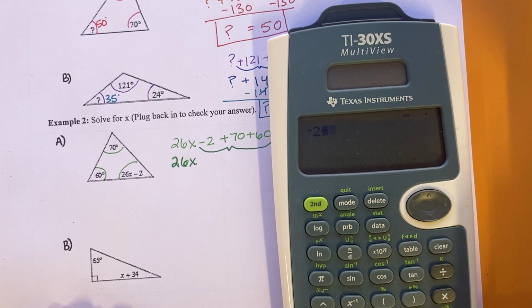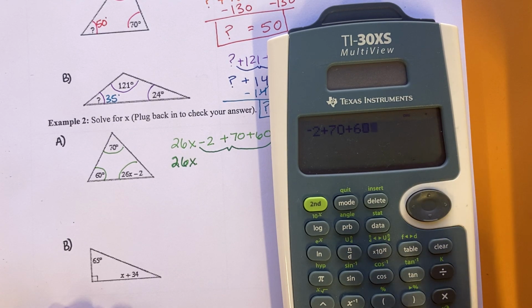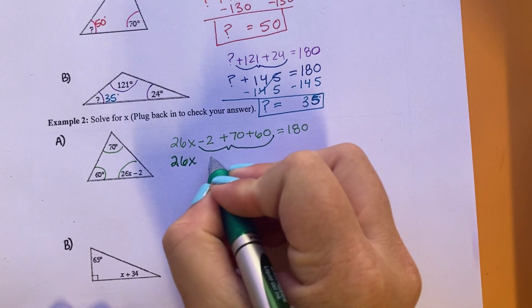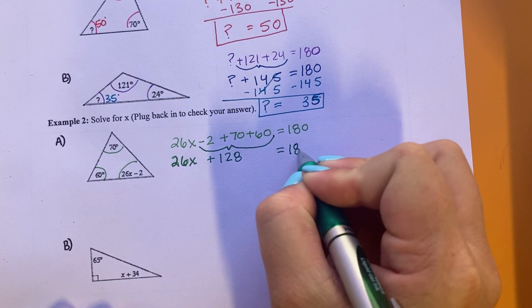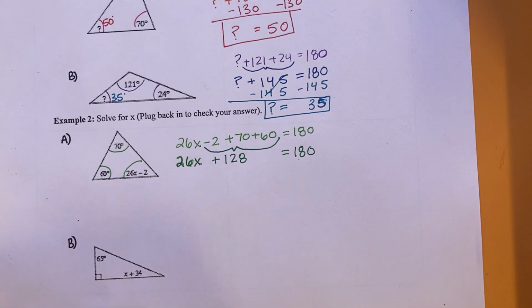Negative 2 plus 70 plus 60, I combine them, is positive 128. Equals 180.